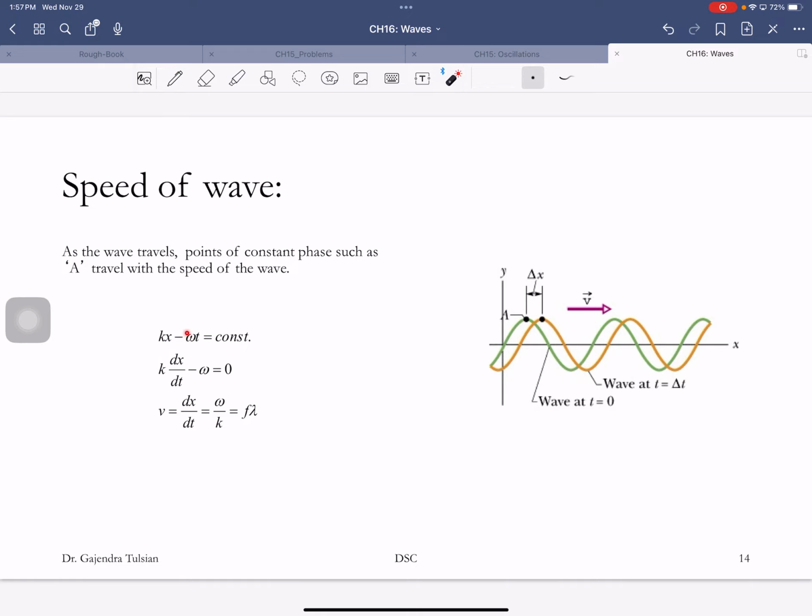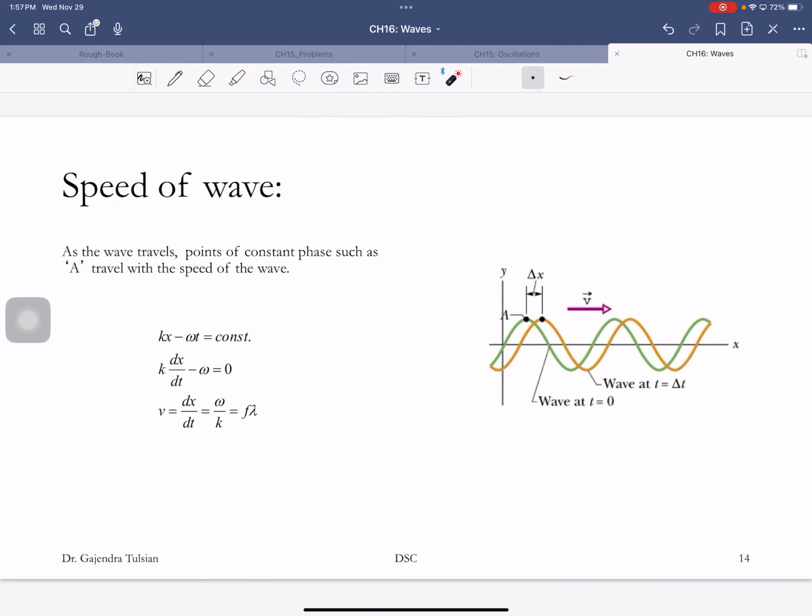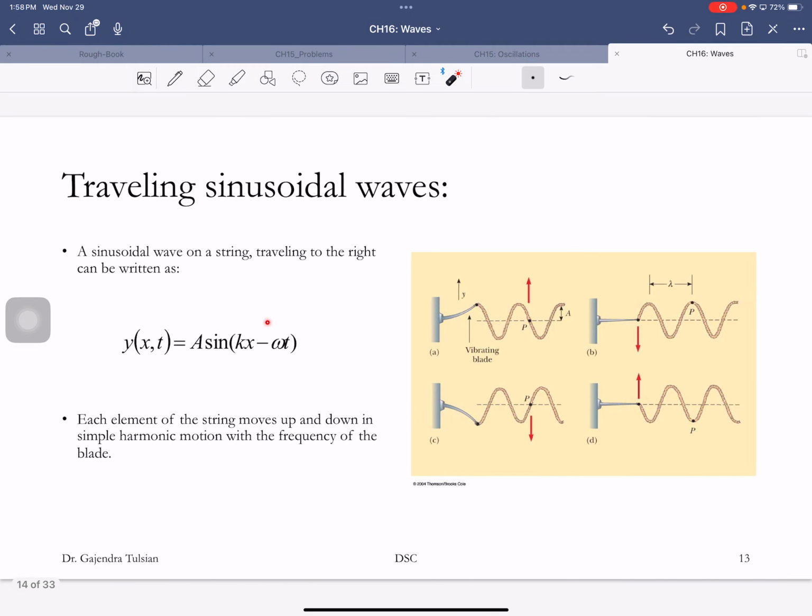So here's a wave traveling to the right, and now I'll just show you the picture. Here is that wave traveling to the right. What does this point correspond to? If you think of the sine wave, this is the maximum. So this point corresponds to the phase being pi by 2, 90 degrees. This is called the phase.